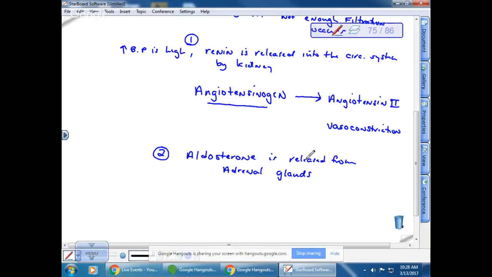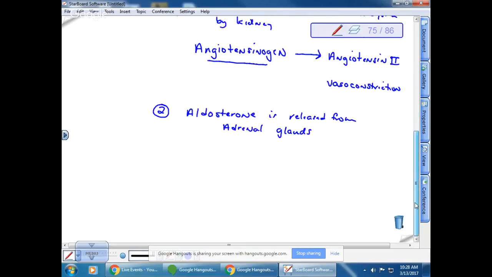And it goes into circulation, right? And so it goes into the body and it goes to the kidneys. So its target organ is the kidneys. So it targets the kidneys. And it causes an increase in sodium reabsorption. So it increases sodium ion reabsorption.